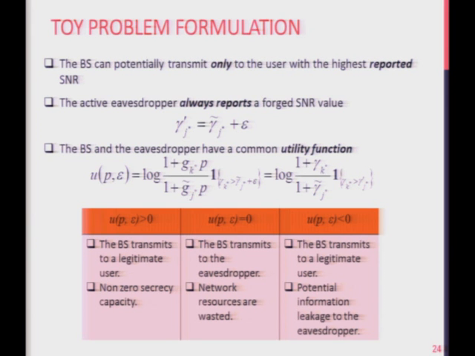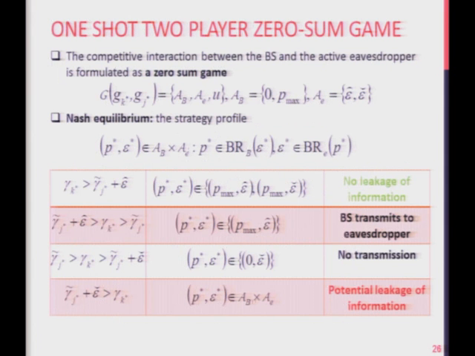So if the sign of this utility function is positive, then the base station transmits to a legitimate user, and there is some non-zero secrecy capacity. If it is zero, the base station transmits to the eavesdropper, and we're wasting our power and resources. And if it is negative, then we have potential information leakage.